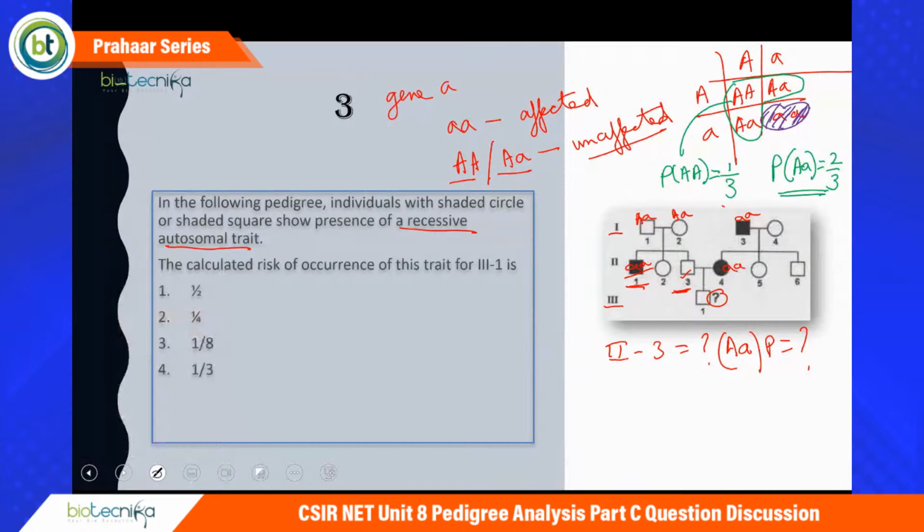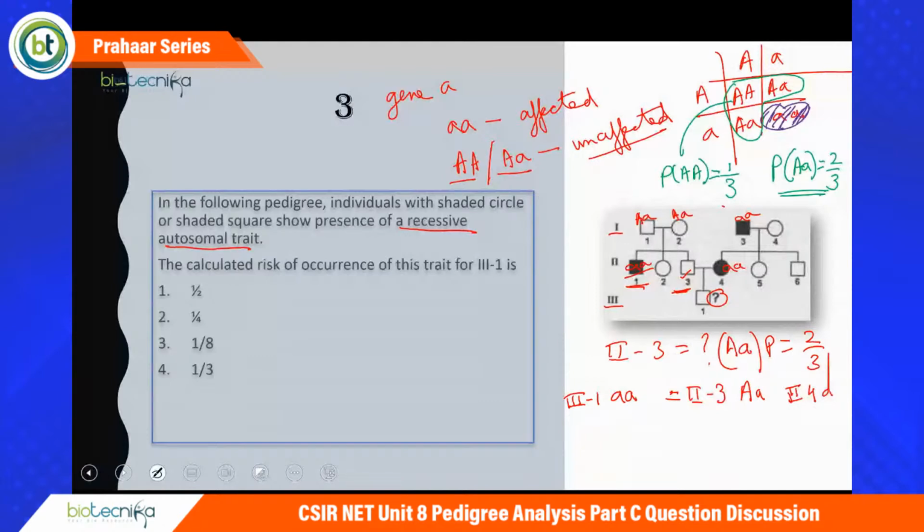That will be equal to 2/3. Now, what are the events required for 3-1 to be homozygous recessive? For that, we need 2-3, that is the father, to be heterozygote. We need 2-4, whose genotype is already given as homozygous recessive.